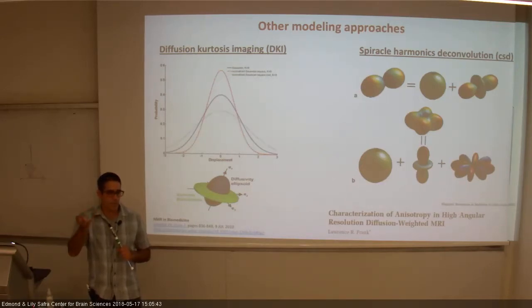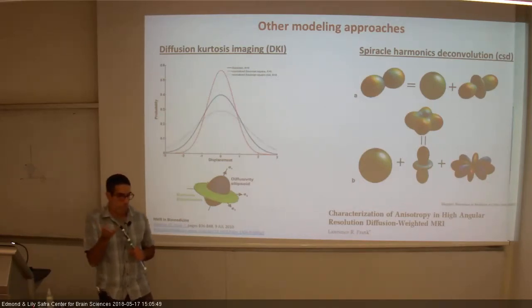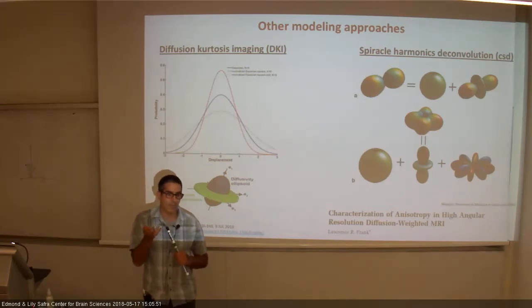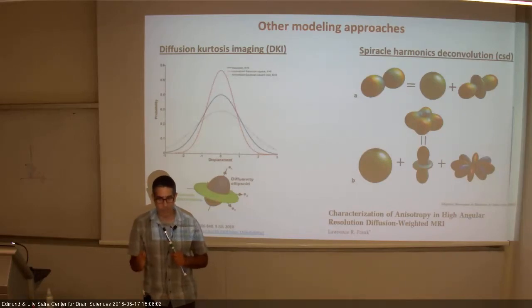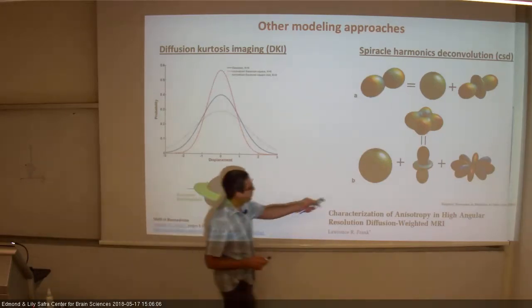One, that as we increased the b-value, the directionality was clearer, right? So in that sense, we really want higher b-values. We have a better chance to have a good higher angular resolution as we increase the b-value, because things fall really fast when you are not in the right orientation.